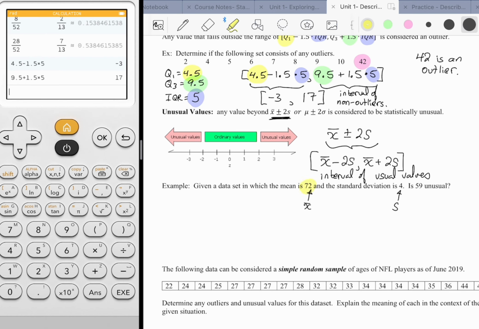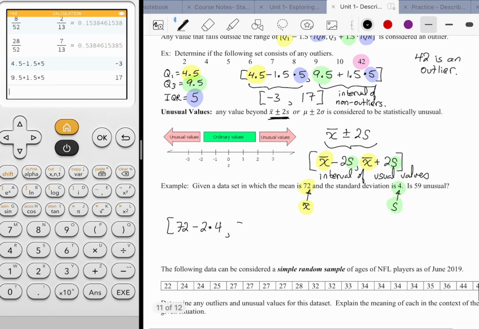X bar gets replaced with a 72 in both cases, and the S's get replaced with 4s. So computationally, it's not that bad. I'm going to do 72 minus 2 times s, so 2 times 4. And then I'm going to do 72 plus 2 times 4.